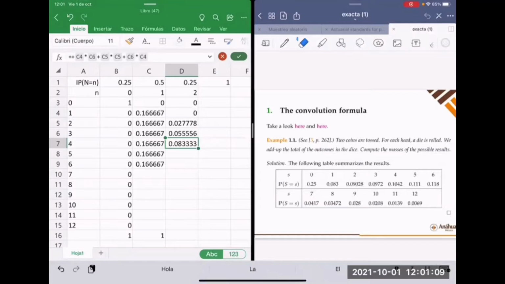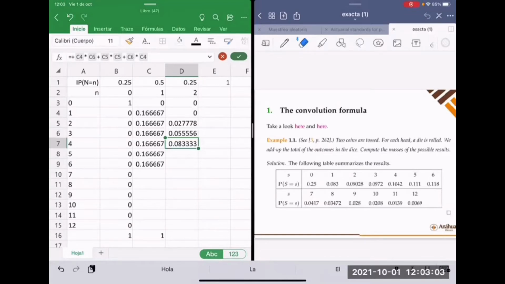Now, please observe that here the mass function repeats itself. So we have the first time and the second time because we have 2 dice. What do we do in the first one? We go 1 and 3, and then 2 and 2, and then 3 and 1.